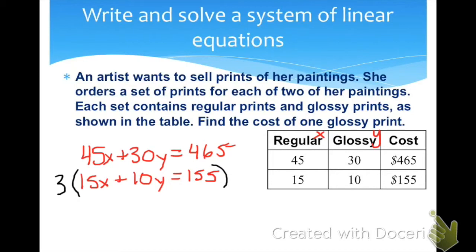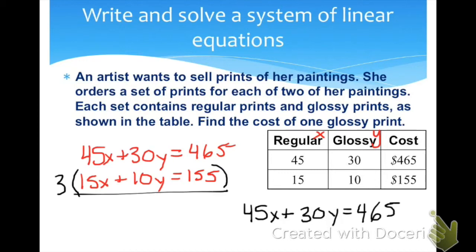So if I multiply times 3, I would say that 45x plus 30y equals 155 times 3, equals 465 once I've multiplied this equation times 3. Looking at these, they are the exact same thing. So there are infinitely many solutions, right?